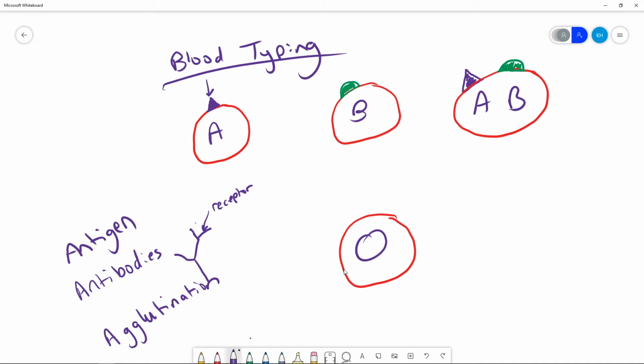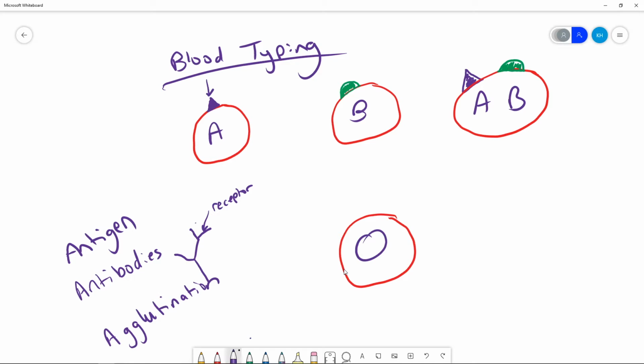And clumping blood is a bad thing inside of our vessels because it can restrict blood flow throughout our body. Additionally, it can cause the red blood cells to die, leading to a buildup of the products of our red blood cells inside of our body, and this can lead to all sorts of really bad effects, especially on our kidneys, leading to kidney failure as it tries to filter out the excess products.